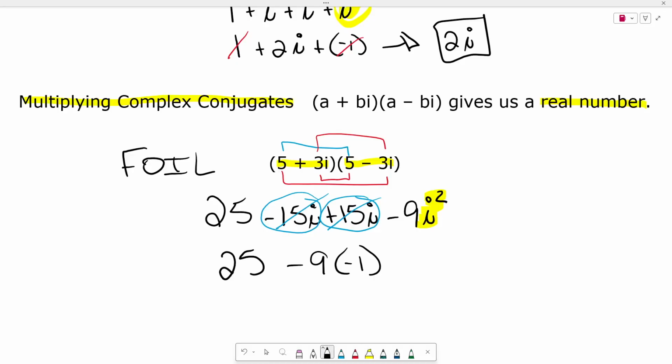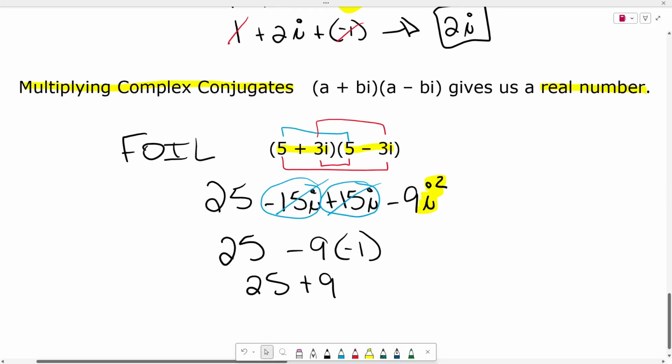So I have 25 plus 9, which is 34. Multiplying with the complex conjugate gives us a nice, pretty, real number. And these come in handy when we have to rationalize denominators and do some other activities with them in solving equations.